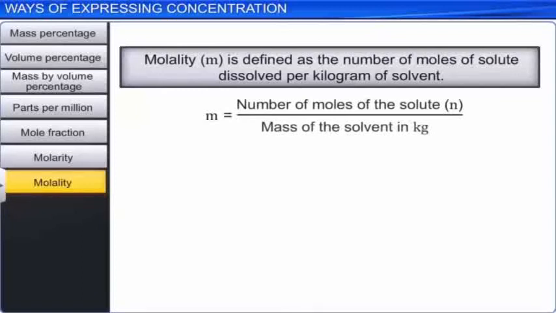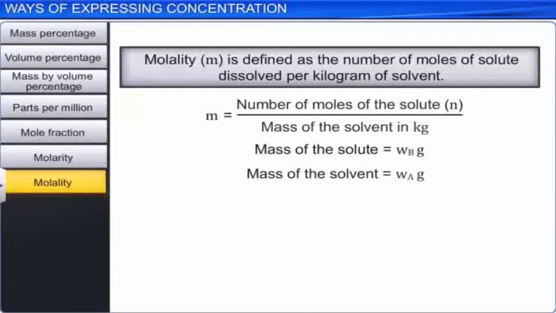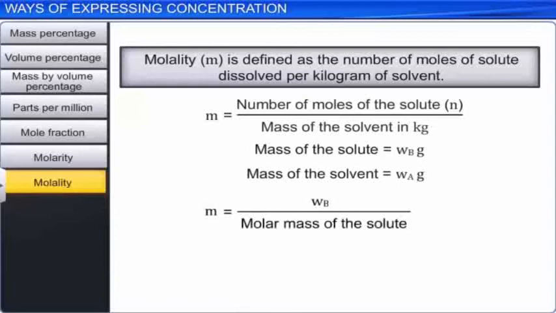If Wb grams of the solute is dissolved in Wa grams of the solvent, then the expression for molality becomes m is equal to Wb divided by the molar mass of the solute, multiplied by 1000 by Wa.